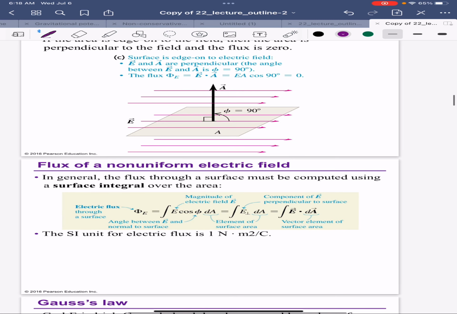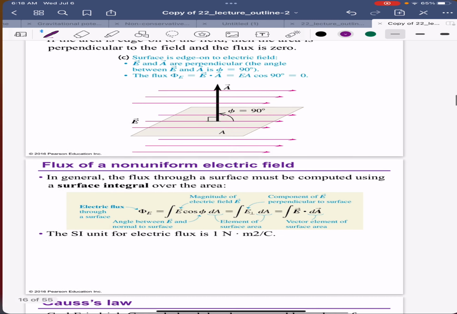When I have a non-uniform electric field, then I should do a surface integral, and the flux is E times cosine phi times dA.